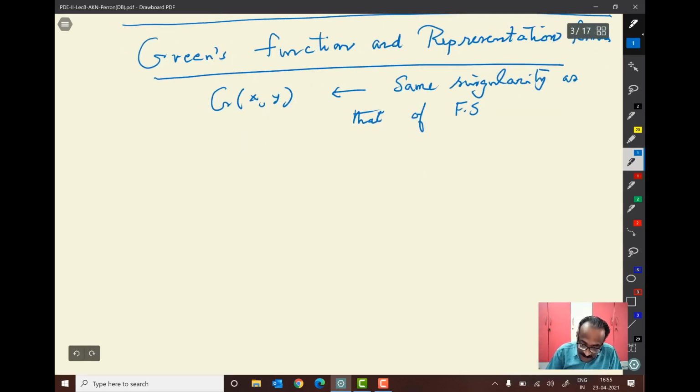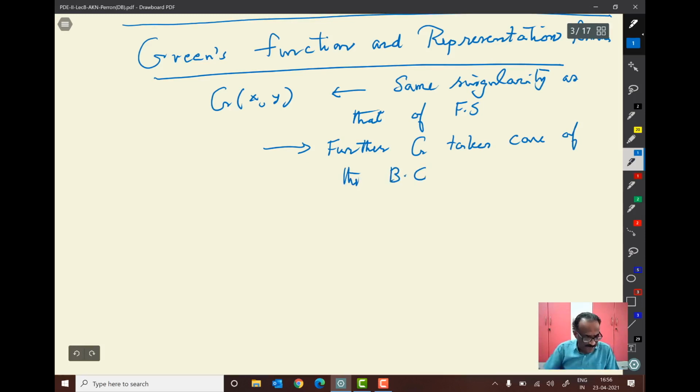And what is the additional thing? G takes care of the boundary condition, because for phi you have not imposed any boundary condition, but here G also takes care of the boundary condition.